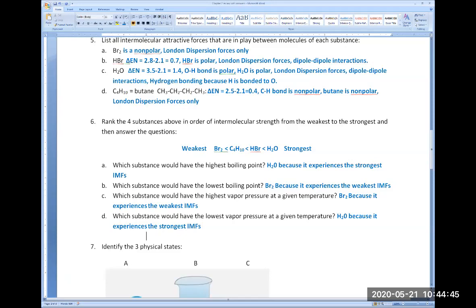It's held very strongly together, so it's harder for molecules of water to break free from the liquid and be by themselves in the gas phase. Okay, so great. So that's why intermolecular attractive forces are important. You see how they affect the boiling point and melting point, because what's true with boiling point is also true with melting point, the vapor pressure, etc.